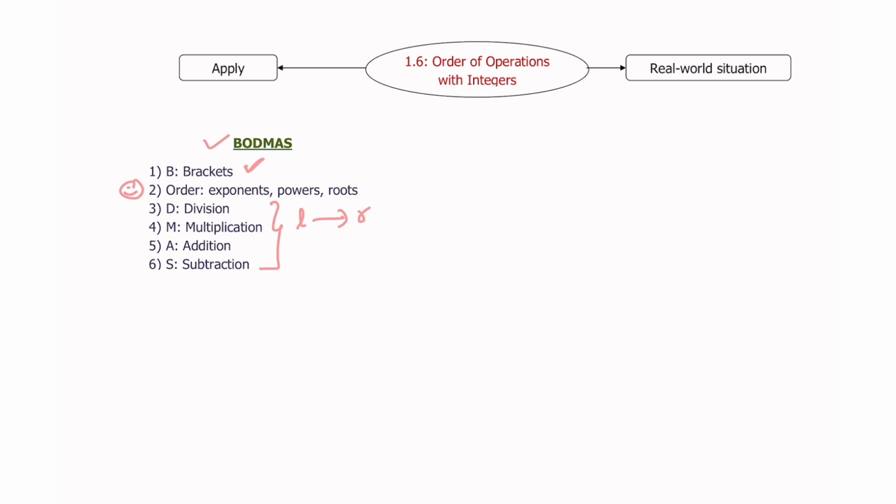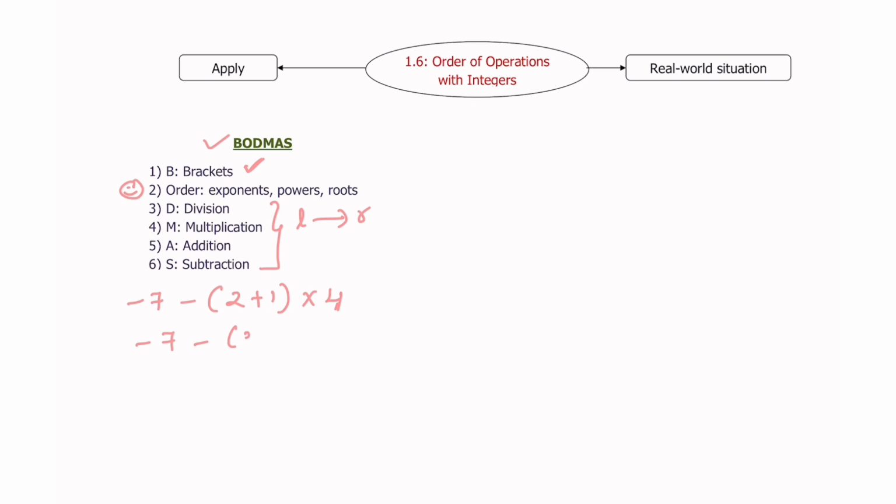For instance, -7 minus (2 plus 1) times 4. How do we solve this? As we said, first we have to solve brackets. So -7 as it is, minus, and the bracket says 2 plus 1.